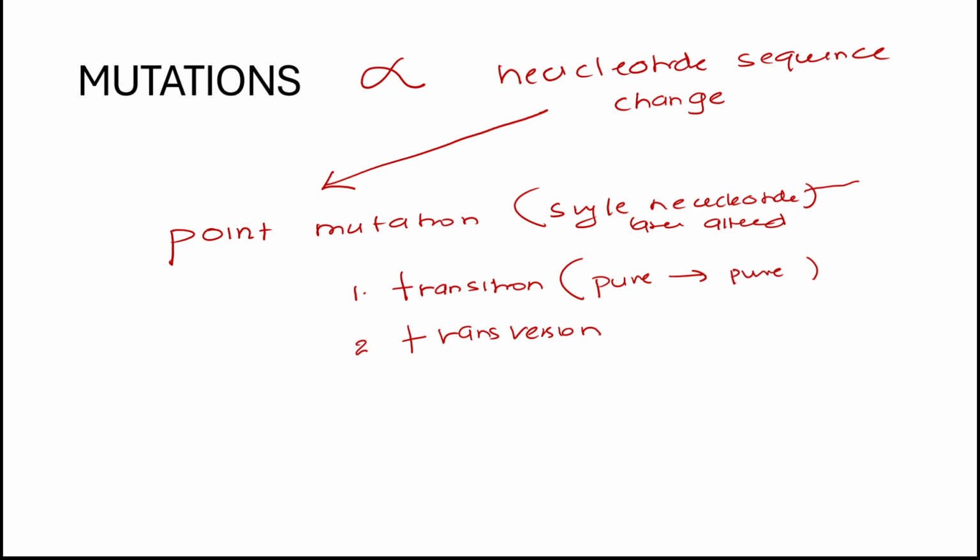The effects or manifestations would be more drastic than those of transition. However, again, it is a simple point mutation, a change of one nucleotide base to another. The difference between transition and transversion is that in transversion you can change from purine to a pyrimidine, so the change is a bit more elaborate than a simple transition.